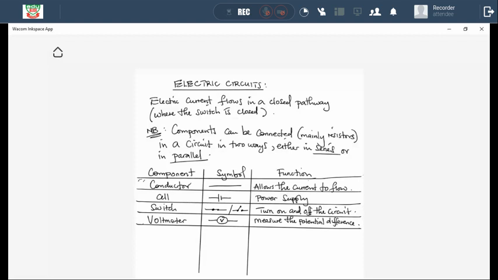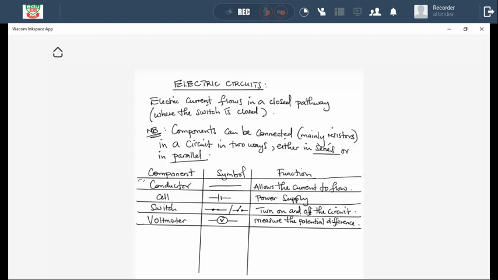That reading is known as the terminal potential difference, right? So a voltmeter can be connected across the power supply. Appreciate the term that I'm using here, across the power supply. It is connected across the battery so that it can measure the potential difference between the two terminals, right?